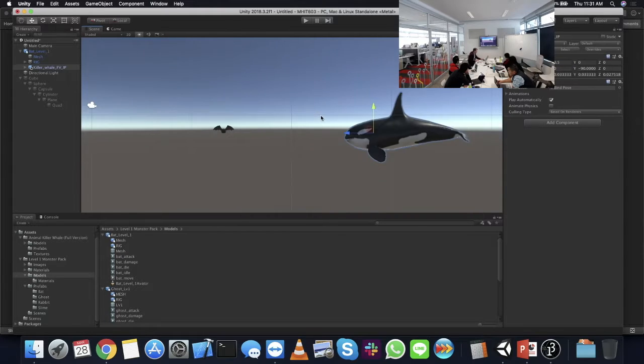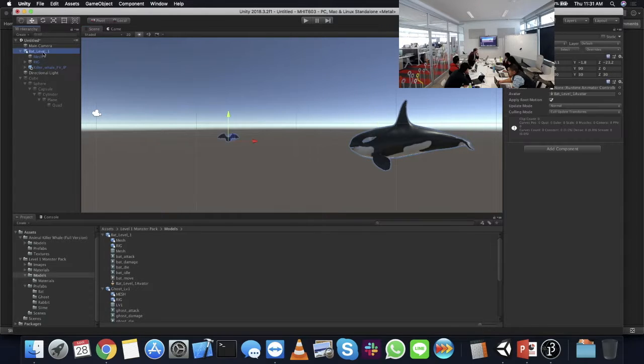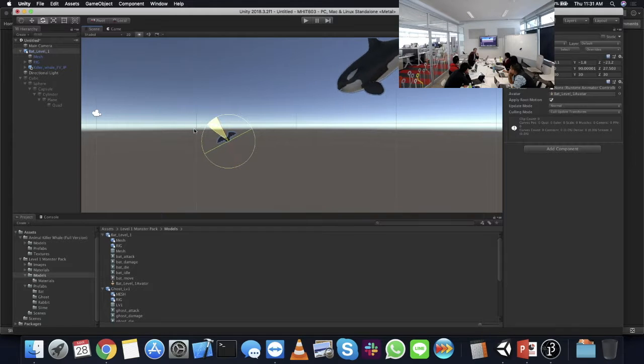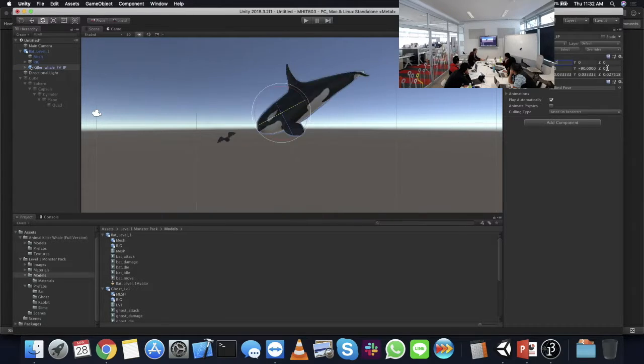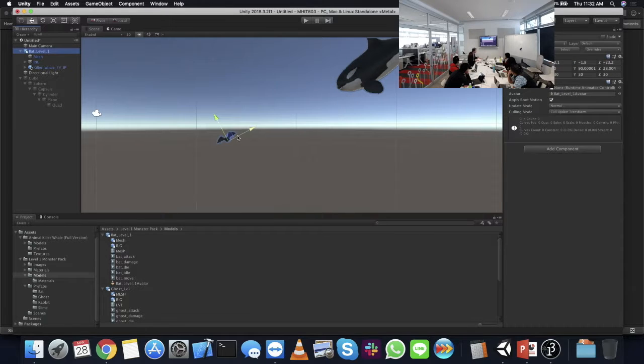Okay, so this killer whale is 0.5 units away from my bat, right? If I rotate my bat like that, we can see the killer whale is rotating as well, but the killer whale is actually still 0.5 units away. If I move it by 0.1, 0.2, you can see moving in the x dimension is moving him relative to the bat's x dimension.